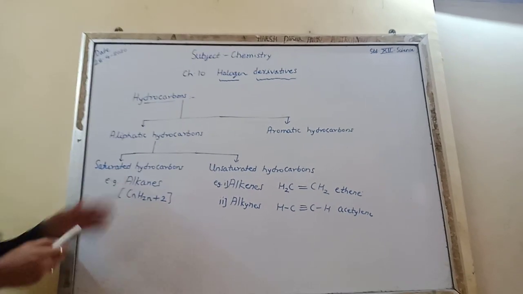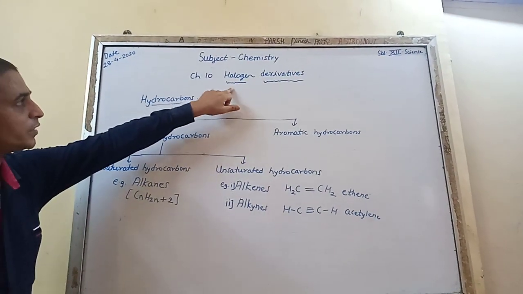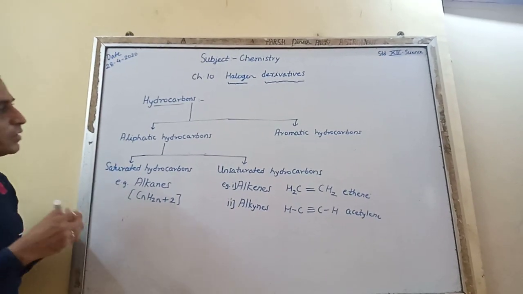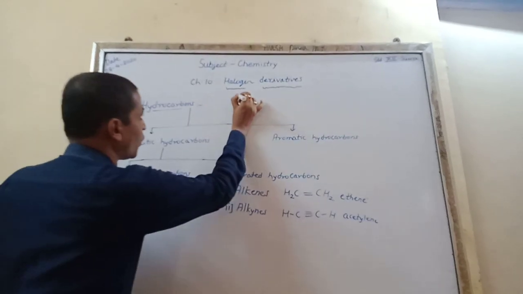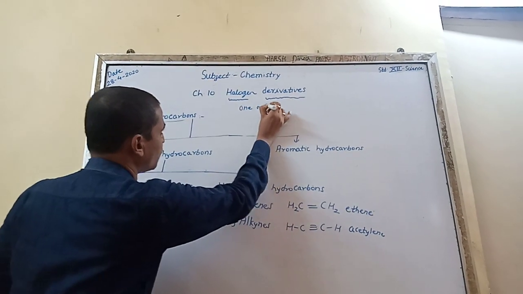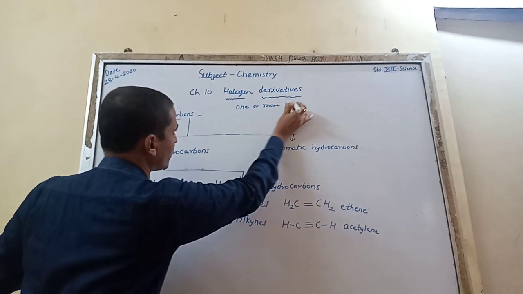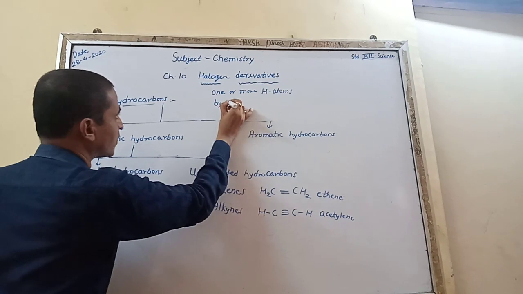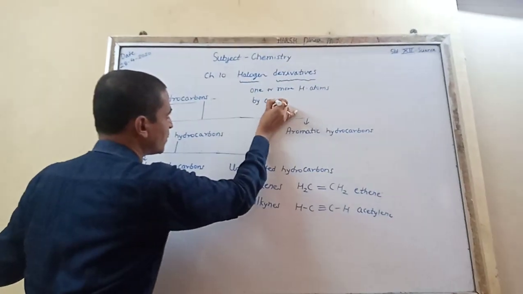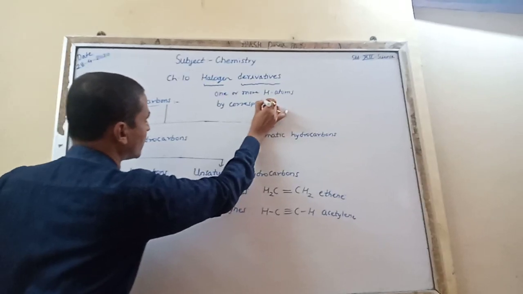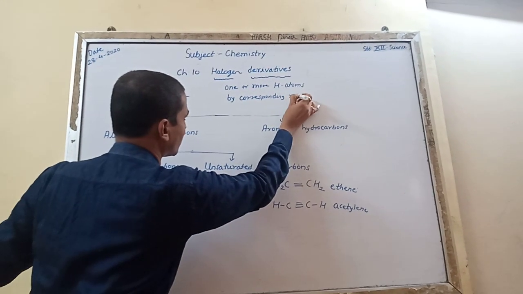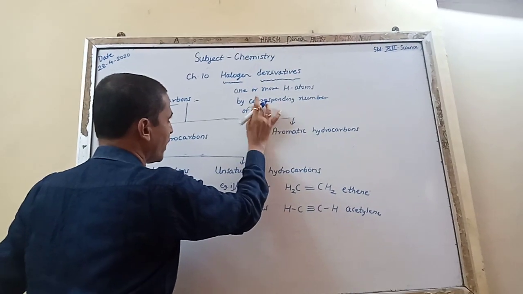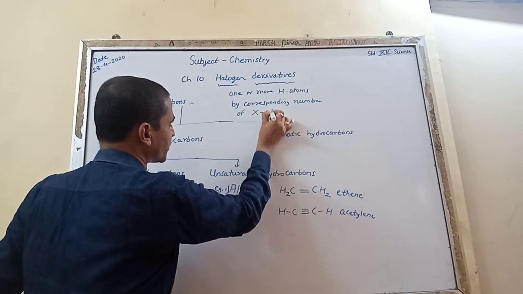Now come to the topic halogen derivative. Halogen derivatives of hydrocarbons are those compounds which are obtained by replacement of one or more hydrogen atoms of hydrocarbons by corresponding number of halogen atoms.